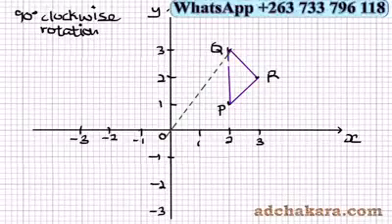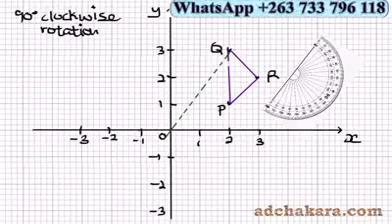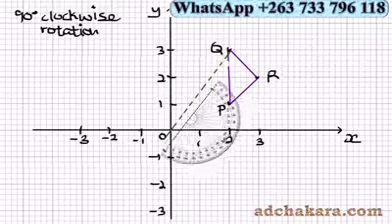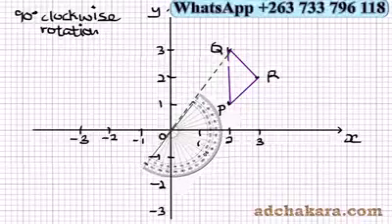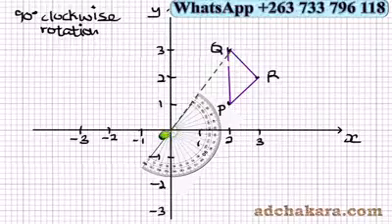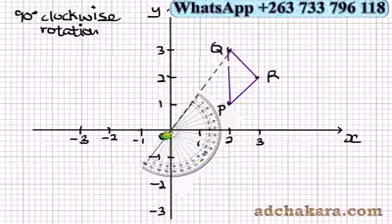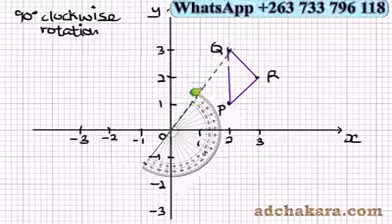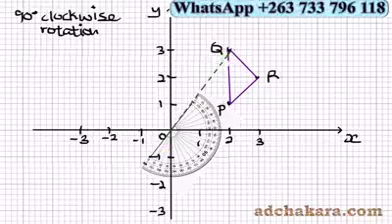Let me take my protractor. You can see my protractor here. The straight line which points to 90 degrees must be at the point of rotation here, and this straight line must be straight with the line from the shape to the center.